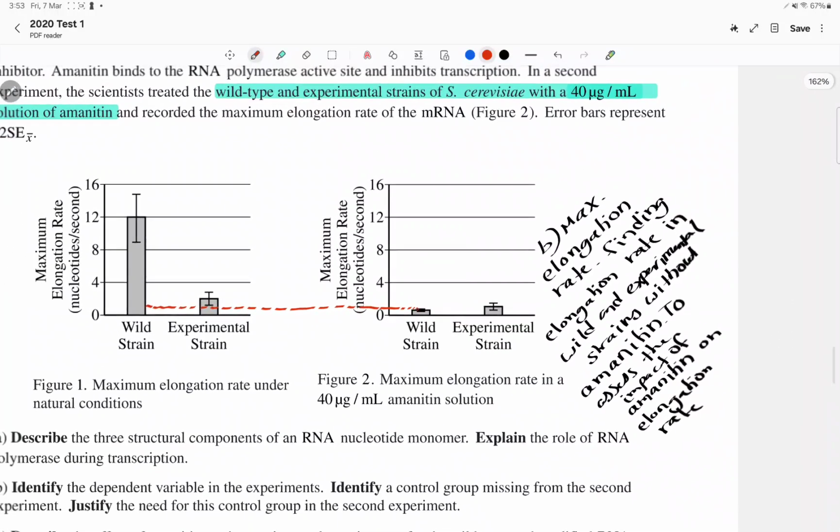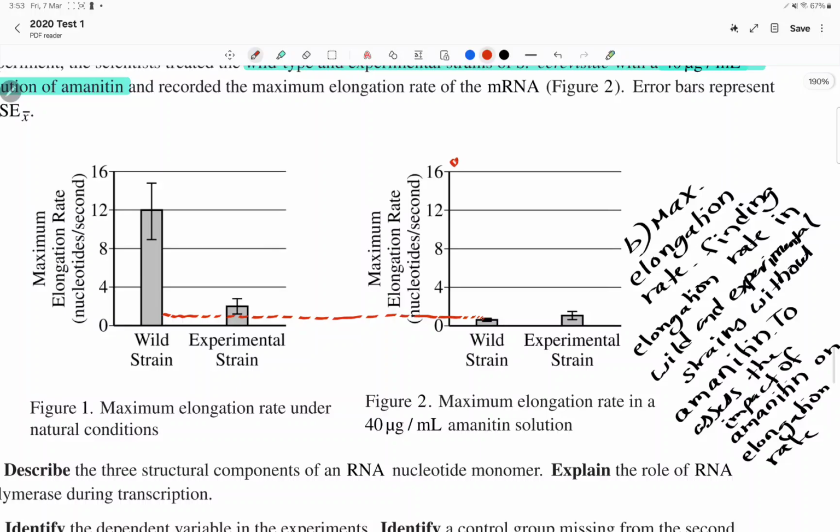So we can now confidently say that Amanitin decreased the maximum elongation rate in the wild type.